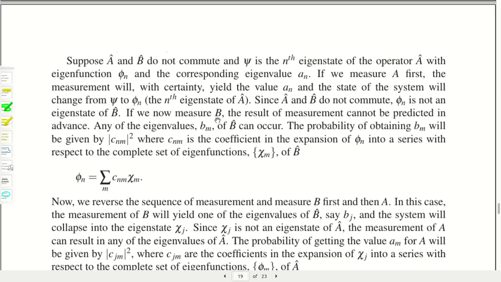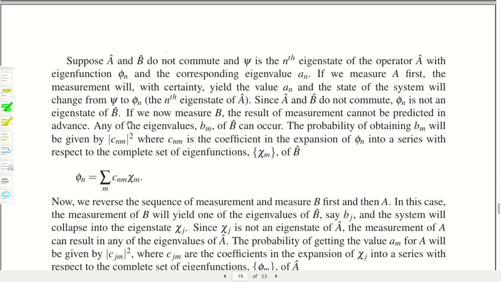Because you have already operated A on psi, the state of the system is fixed at phi n with eigenvalue a n, so the function on which the operator B will operate is phi n. But phi n is not an eigenstate of B.